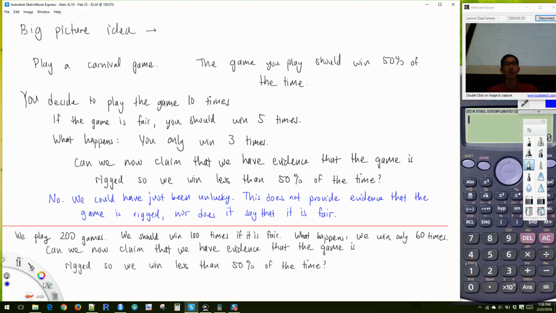There's something in us that says, I feel like the game is rigged. And we can actually do the math and say, if the game were playing fair, what is the probability that I would win only 60 games out of 200? It turns out that probability is incredibly small, meaning I would have to be incredibly unlucky.